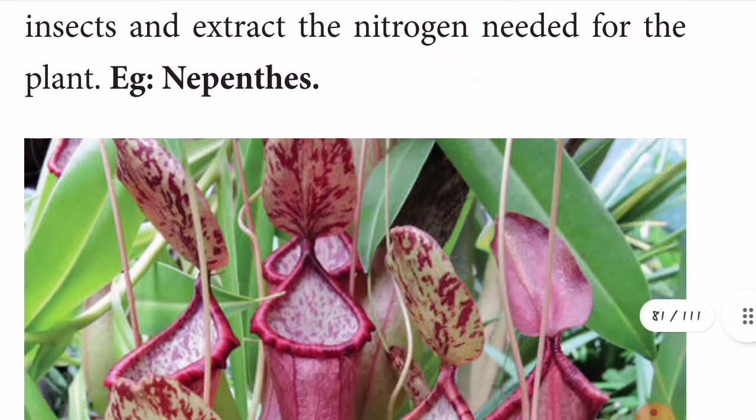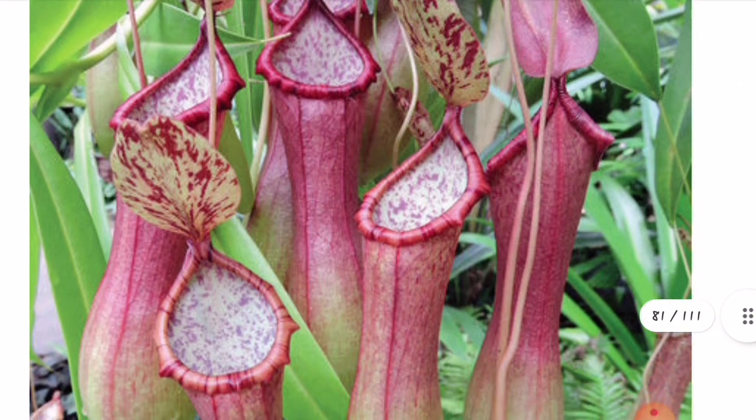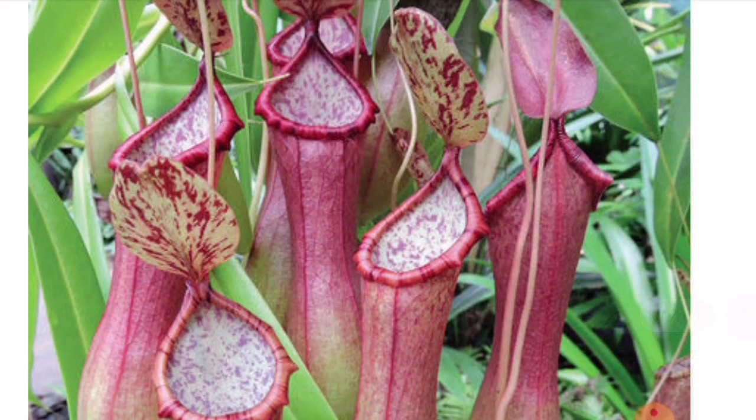See the diagram, children. They are used to attract insects and other tiny animals. The inner walls of the leaf secrete digestive enzymes. That's very important: it helps to digest the insects and extract the nitrogen needed for the plant. This is clear to you, children.